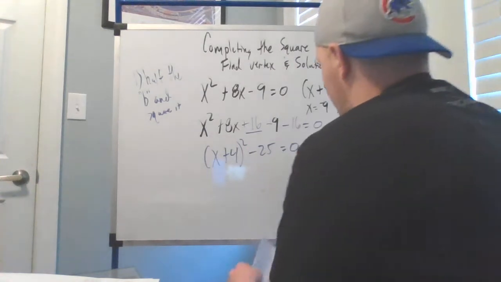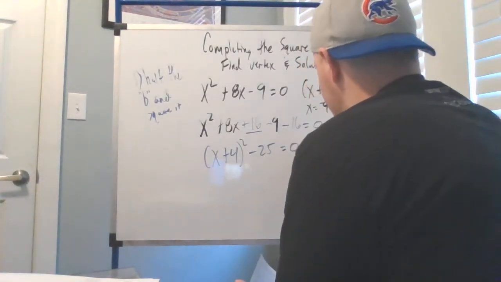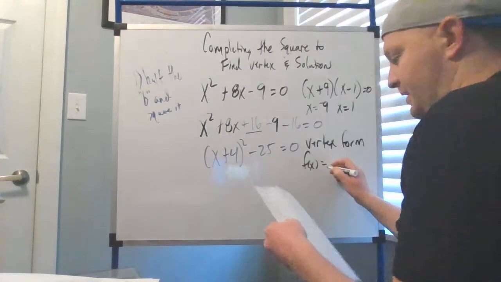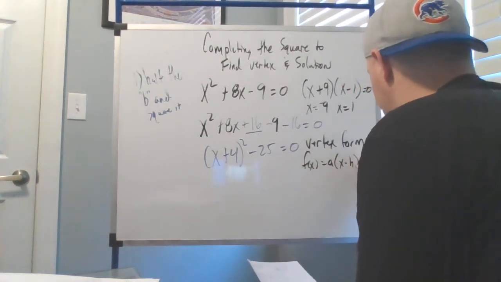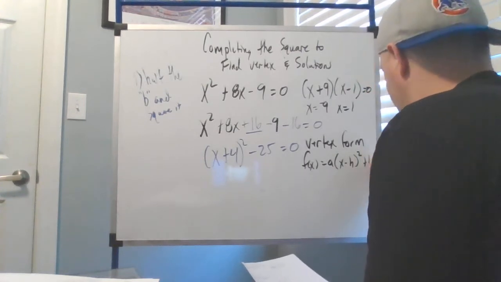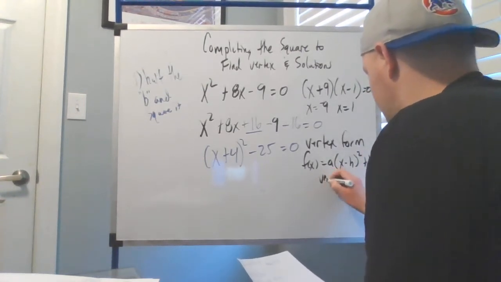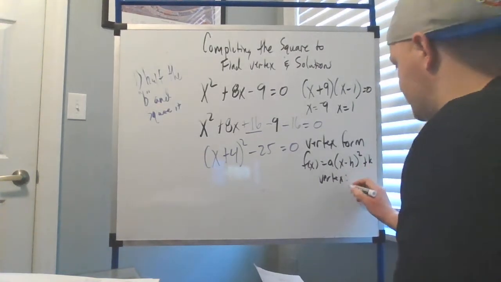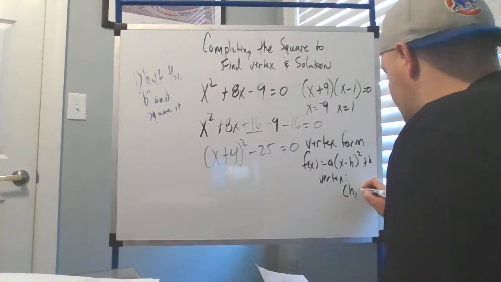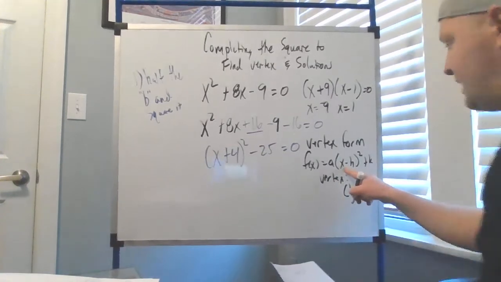So your vertex form is always like this: f of x equals a times parentheses x minus h squared plus k. So the vertex is always the opposite of this and whatever this is. So the vertex is considered h comma k, because that would make this inside here.